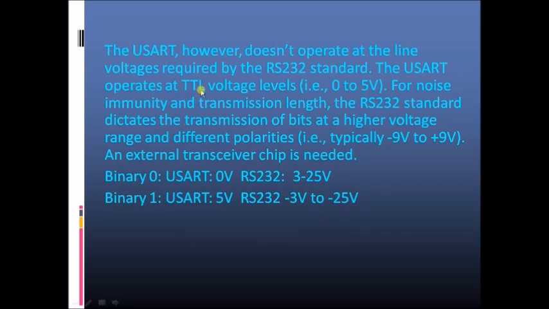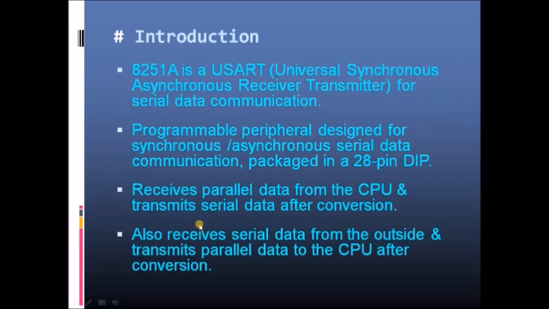These TTL voltages are also called positive logic voltages, and the RS-232 voltages are called negative logic voltages. Why? Because logic 1 in USART is represented with a positive voltage, whereas in RS-232 it is represented with negative voltages.